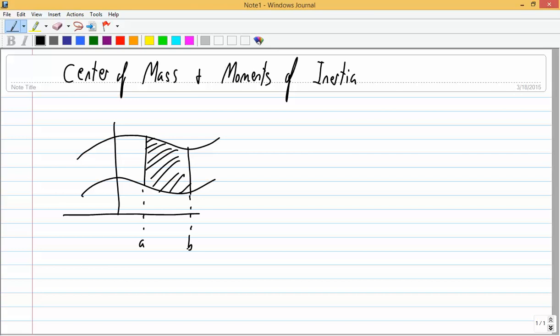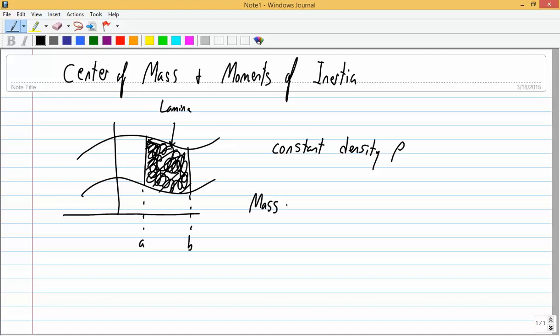If the lamina corresponding to this region has a constant density rho, then the mass of that lamina is given by rho times the double integral over the region dA.